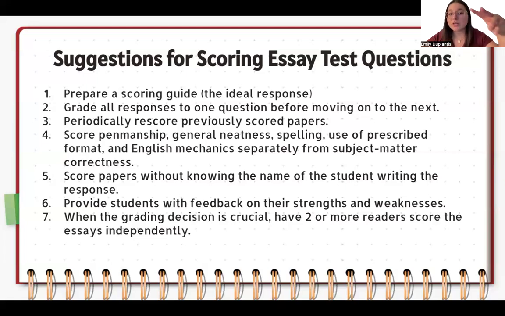3, periodically rescore previously scored papers, and that's just to make sure that you are maintaining your integrity as a scorer. 4, score penmanship, general neatness, spelling, use of prescribed format, and English mechanics separately from subject matter and correctness.